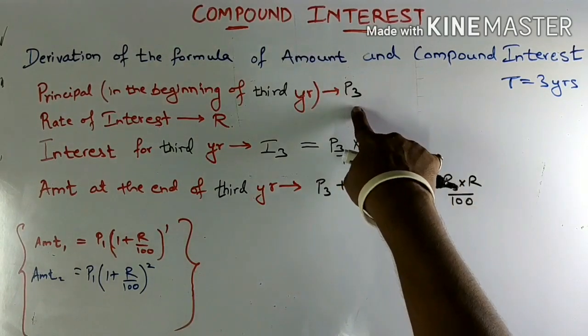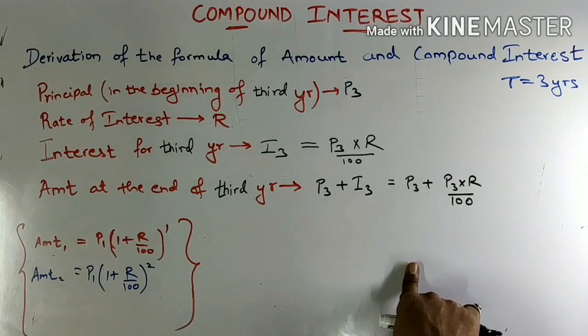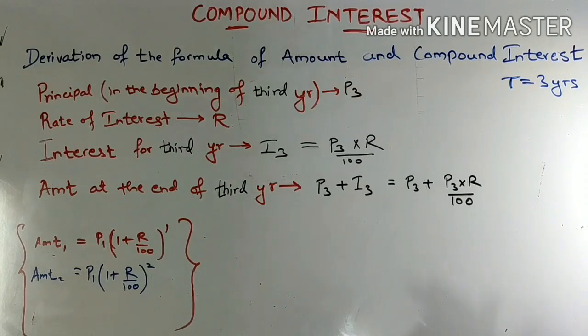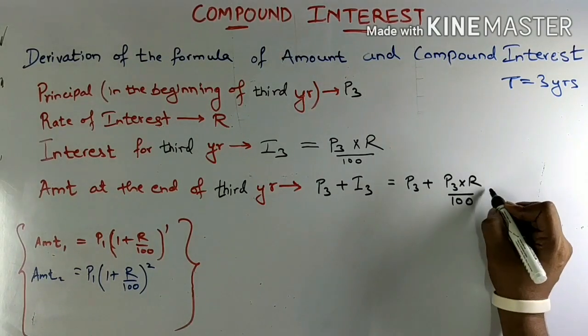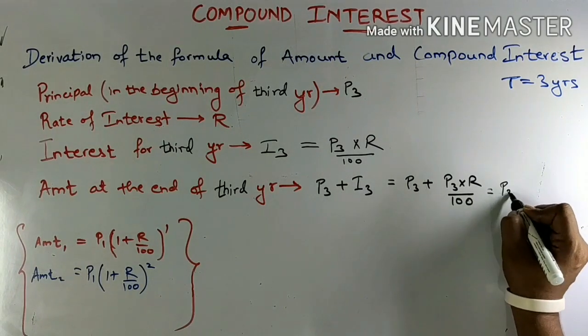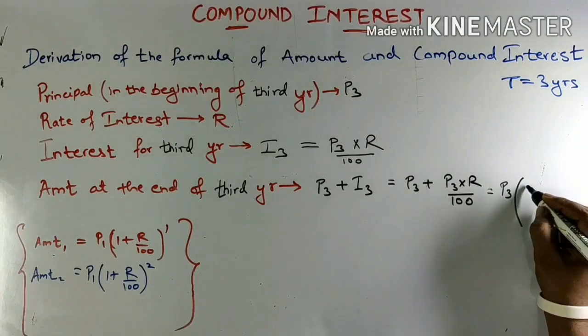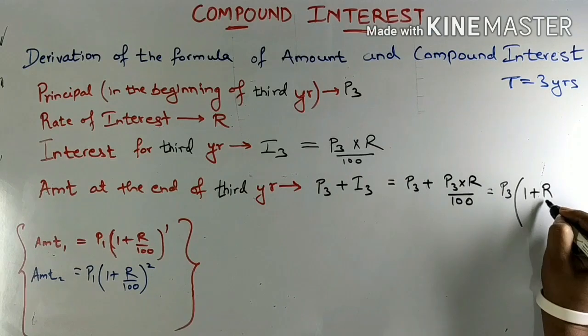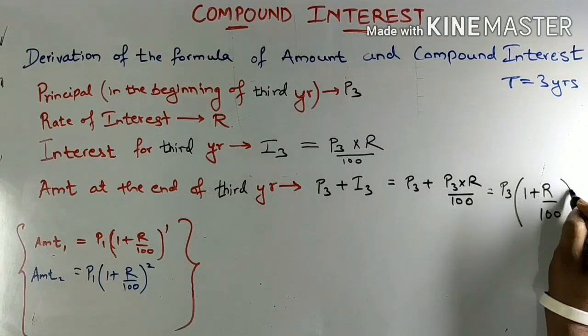And what is principal P3 for the third year? It's nothing but the amount of the second year. But before that, I'll simplify this to make P3 into 1 plus R upon 100.